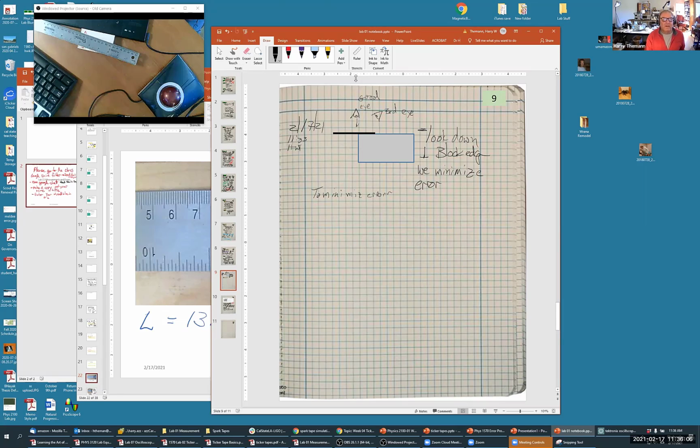And this error that's introduced, again, this is called parallax error. So we try to use rulers that have more, okay, slow down, to minimize error.